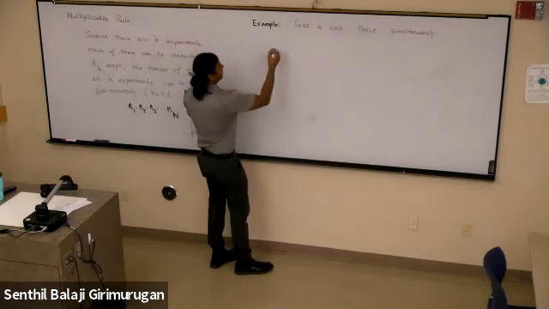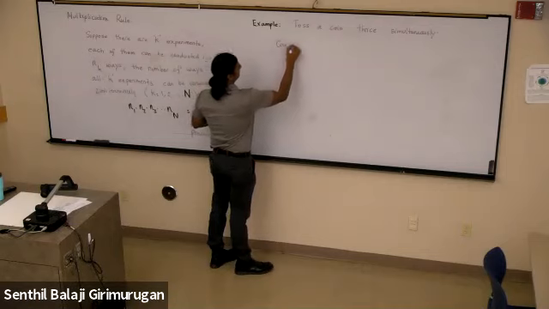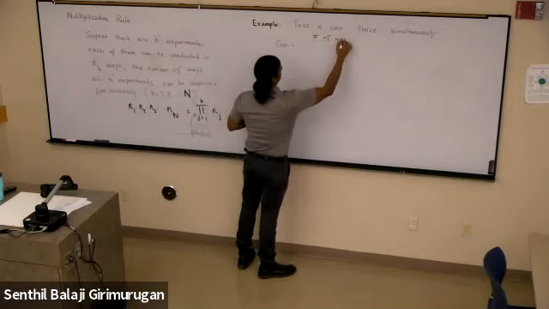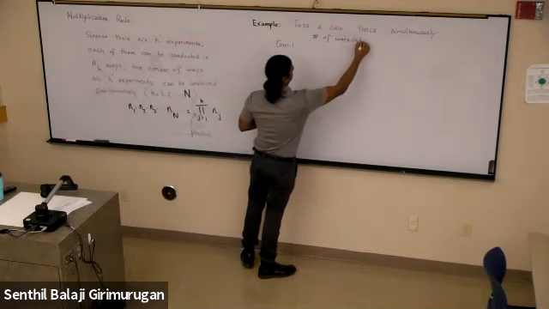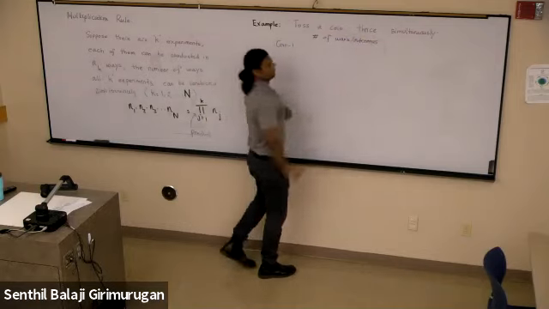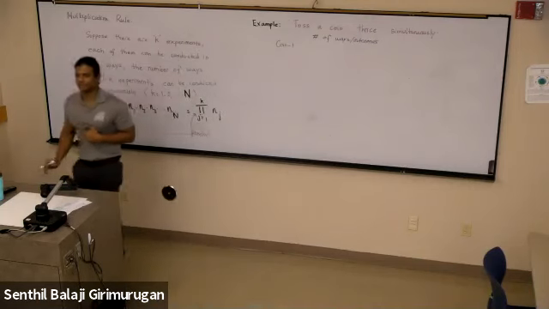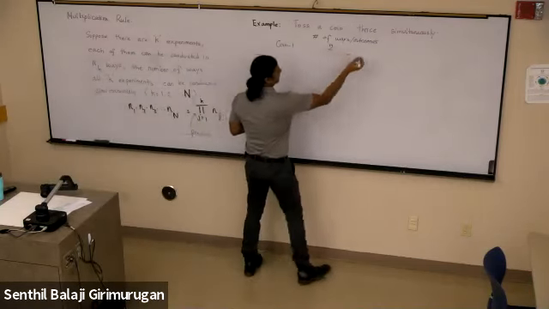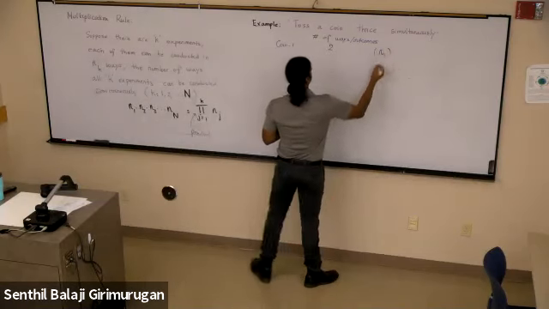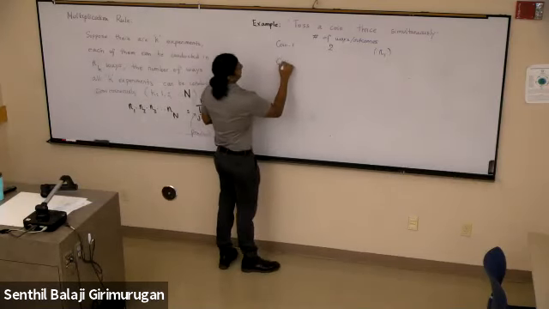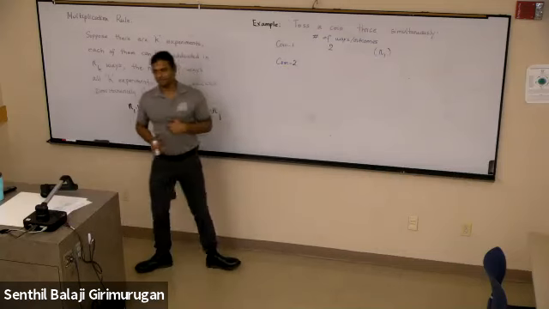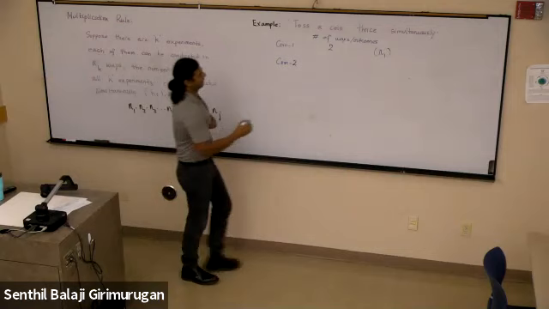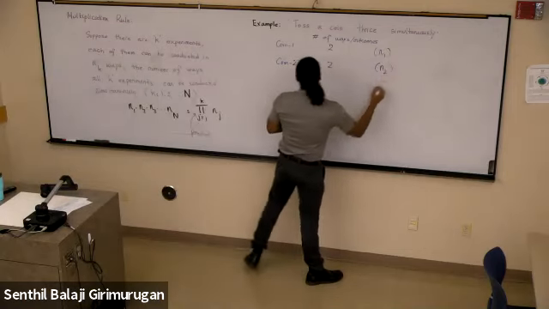Well, for coin 1, the number of ways or outcomes, how many do we have? 2. So in our case, that is n1. Coin 2, number of ways in which it could happen? 2. That's n2.